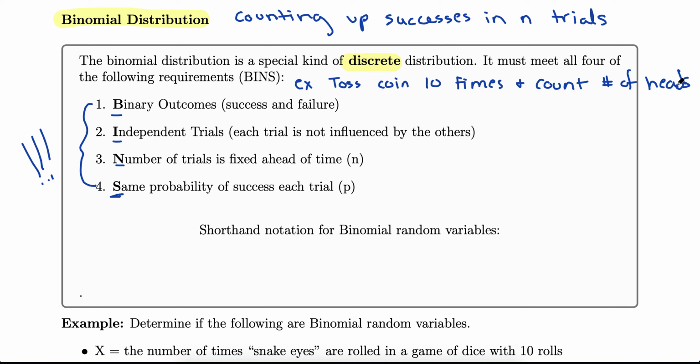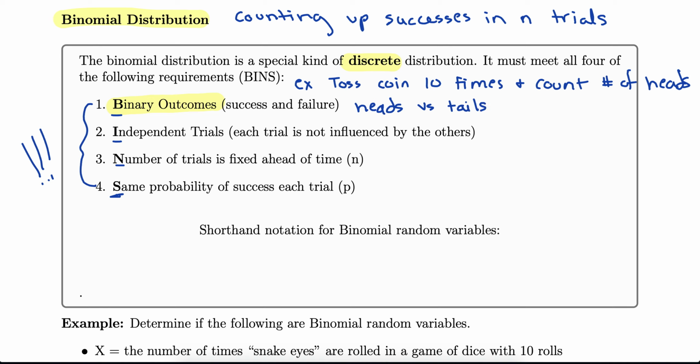Okay, that would be an example of this binomial type discrete variable, because it meets these 4 criteria. The first one being binary outcomes. By binary, we just mean that the outcomes can be classified as a success or a failure. So in this particular example, my success would be heads. That's what I'm trying to count up. And my failure would be tails.